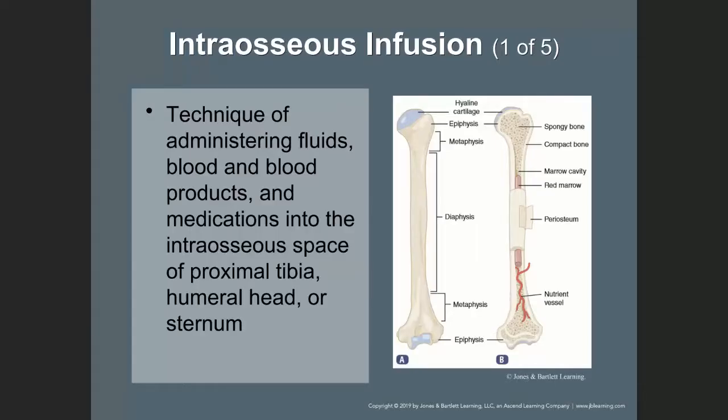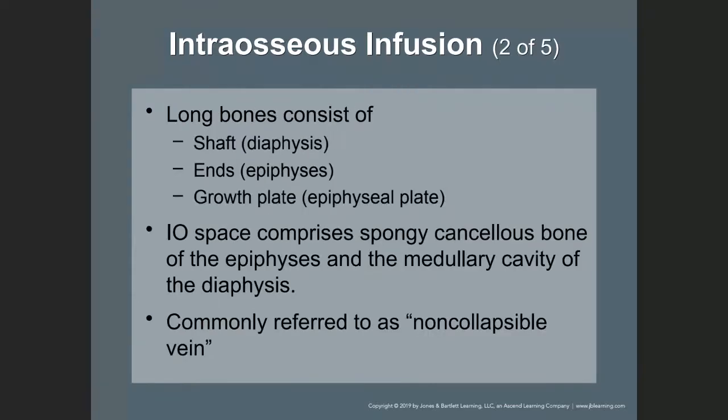Now let's look at intraosseous infusion. Technique of administering fluids, blood, blood products and medication into the intraosseous space of the proximal tibia, humeral head, or sternum. Long bones consist of a shaft, which is the mid portion, the ends, which are the epiphyses, and the growth plate, the epiphyseal plate, which is where the bone grows from.